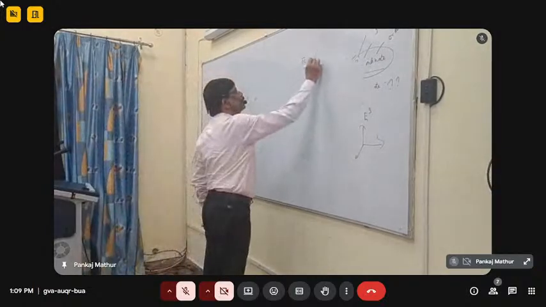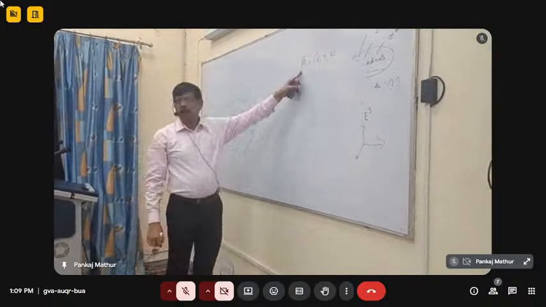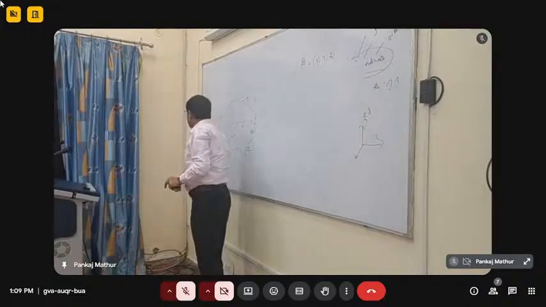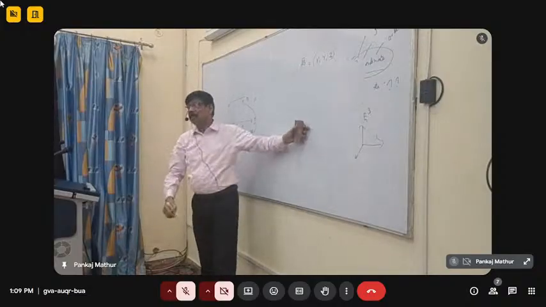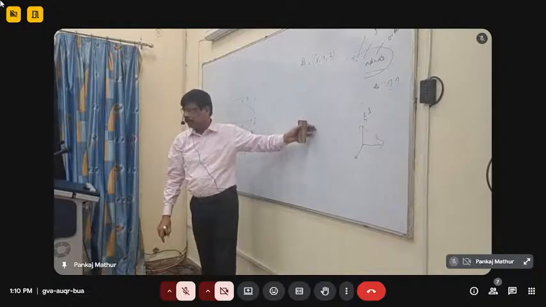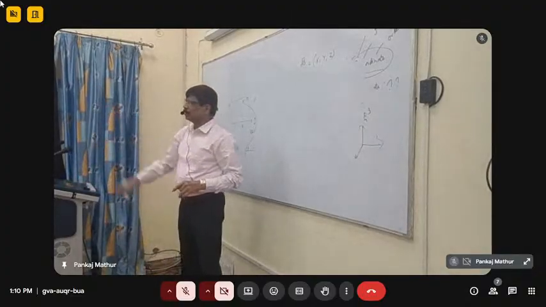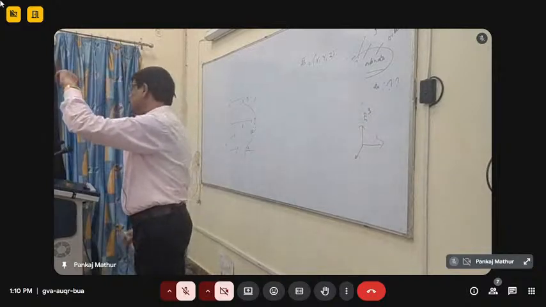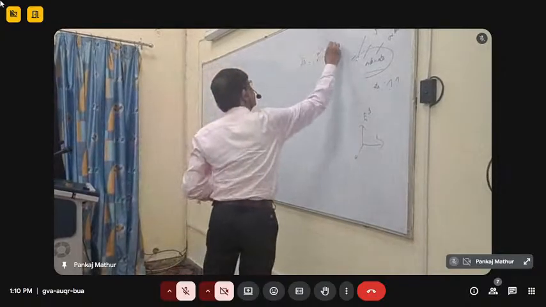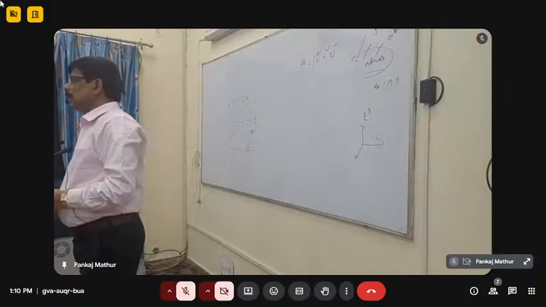If we write the coordinates x, y, z, this means the projections of this vector on the x-axis, y-axis, and z-axis, three-dimensional. We cannot use this board for E3. If there is a vector in this space, the projections of this vector on the x-axis, y-axis, and z-axis are x, y, z. That is called the coordinates of the vector AB.